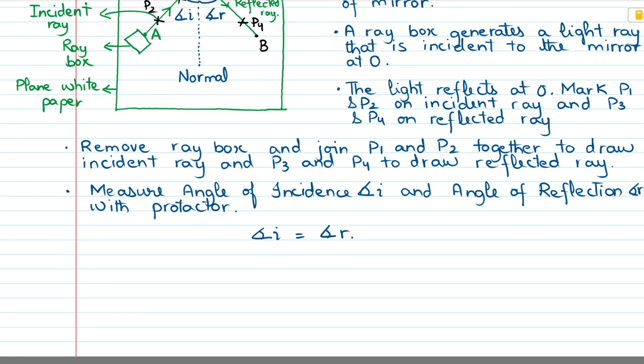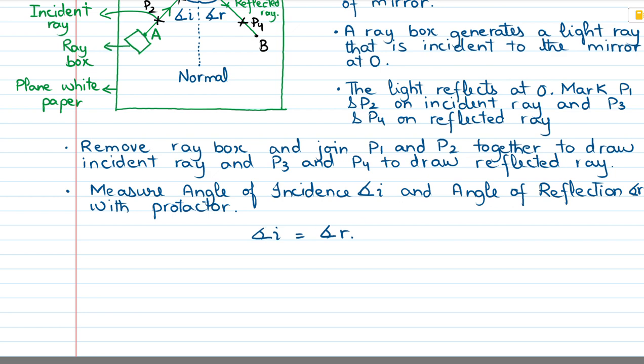Now at the end we will repeat the experiment for 5 different angles of incidence and measure the corresponding values of angle of reflection, and it still obeys the law of reflection, and we will record these readings in a table with the following column headings.